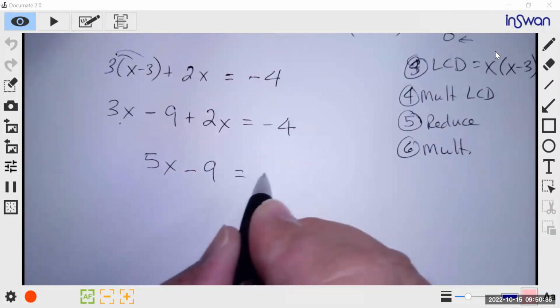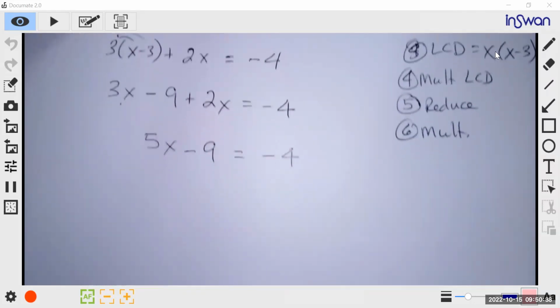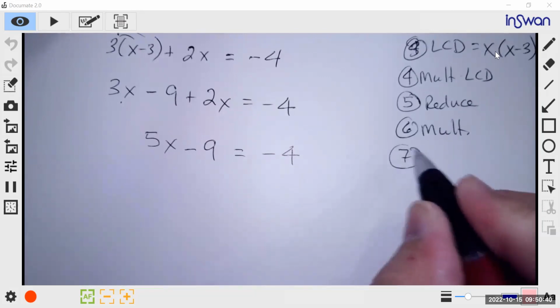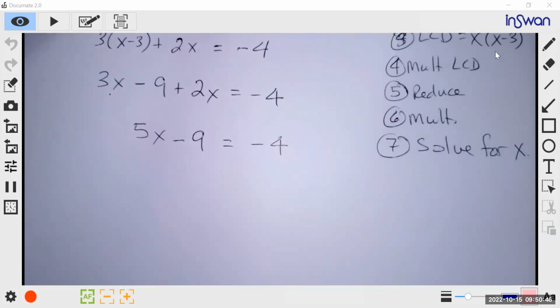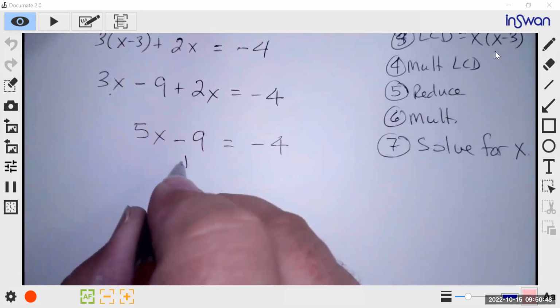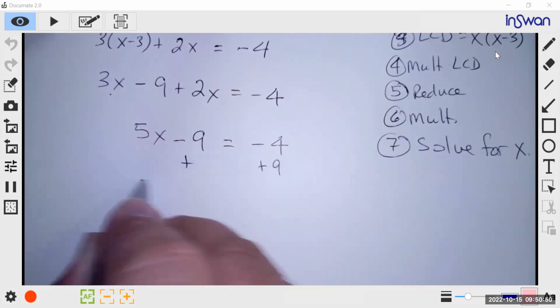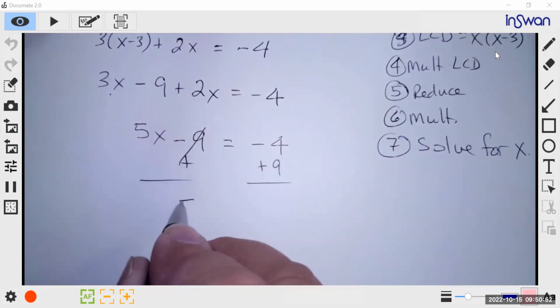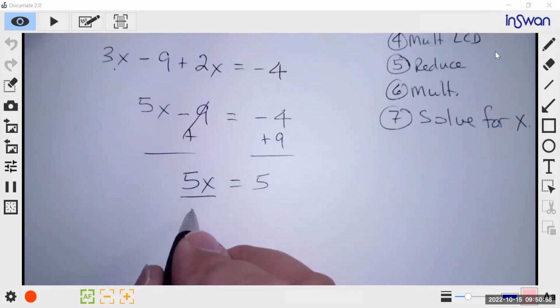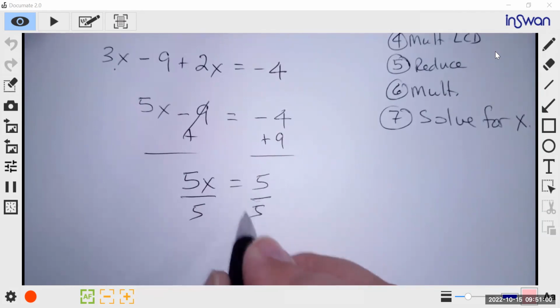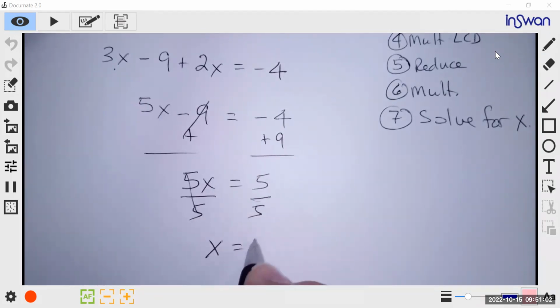Minus 9 equals negative 4. And then solve for x. Add 9 to both sides. Positive 9 minus 4 is 5. Divide both sides by 5. x equals positive 1.